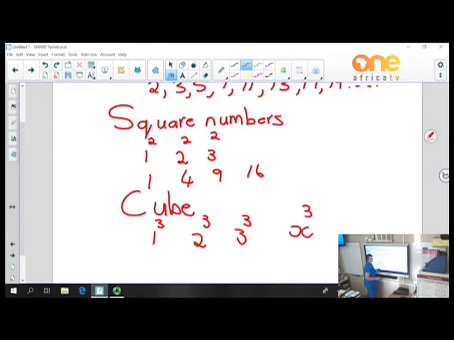So this is the button that you can use to find those answers. And this is the set of 1, 8, 27, 64, 125. Those are all cube numbers. So these are numbers that we should know.